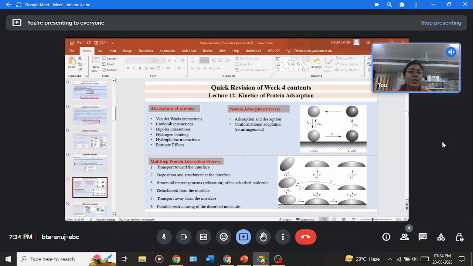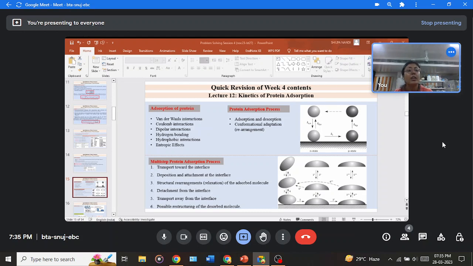This protein adsorption consists of two major steps. One is the adsorption and desorption, and second one is the conformational adaptation, that is the rearrangement of the protein. So first step, as soon as it reaches the surface, it undergoes adsorption and then desorption, and meanwhile it also undergoes rearrangement.